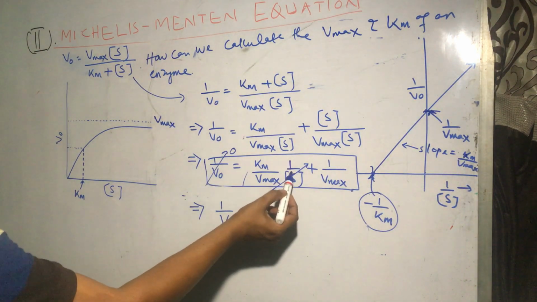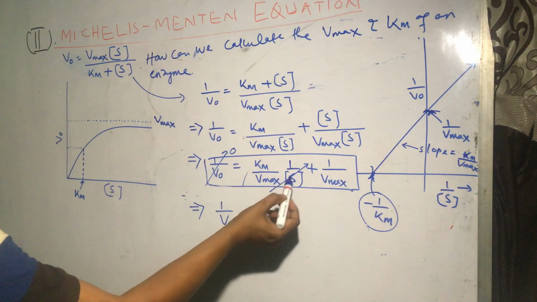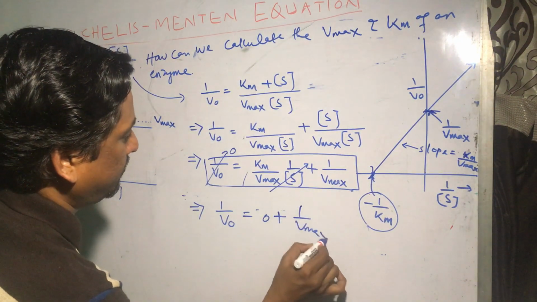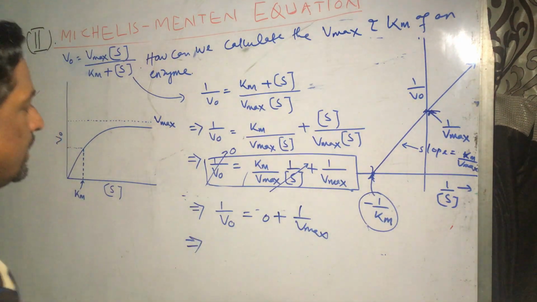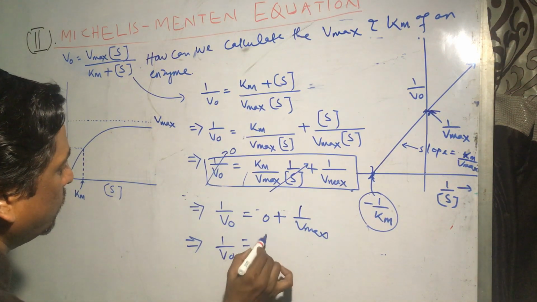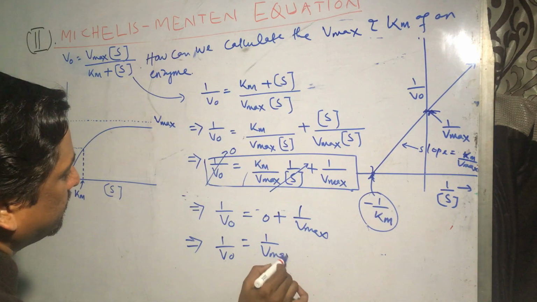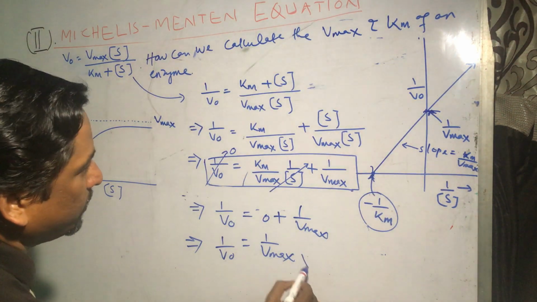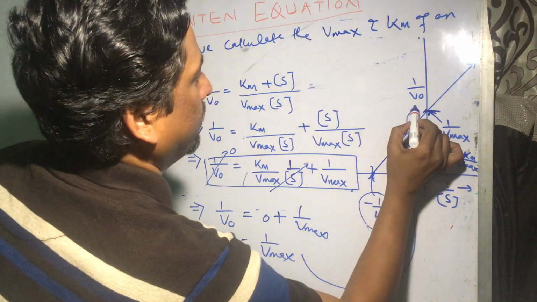So whatever is multiplied by 1 by S becomes 0, and we are left with 1 by Vmax. Implies that 1 by V0 is equal to 1 by Vmax. So this value is shown here.